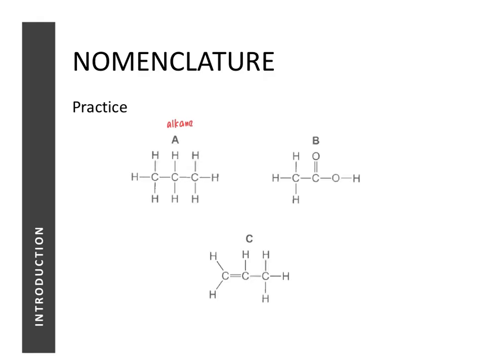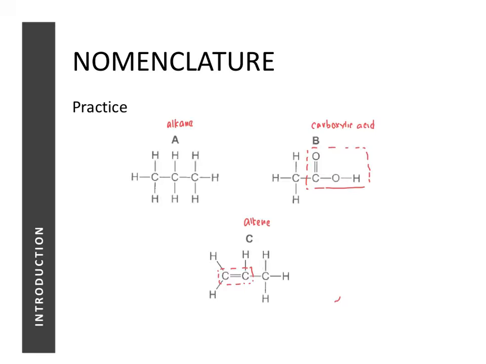How about B? I hope you can see that it has this special feature, your C double bond O OH. This tells you that it belongs to the carboxylic acid homologous series. And for C, I hope you can see the not very manly double bond, your carbon-carbon double bond, which tells you that it is an alkene.